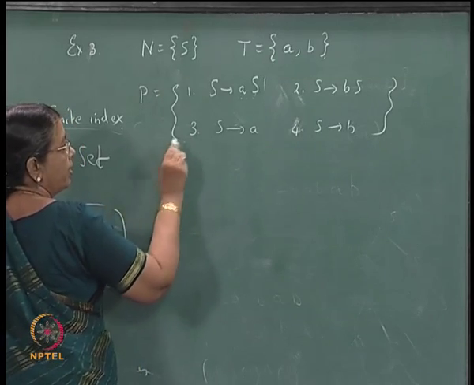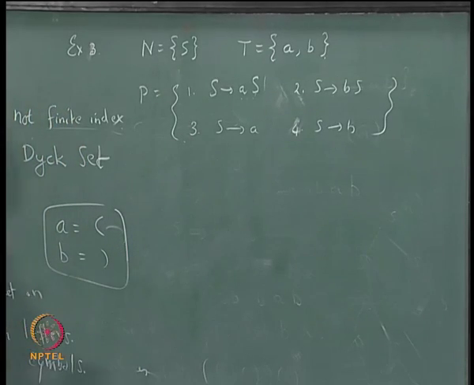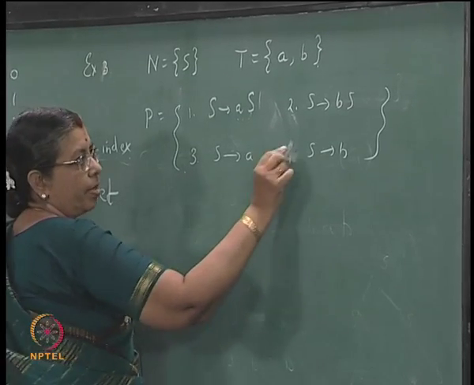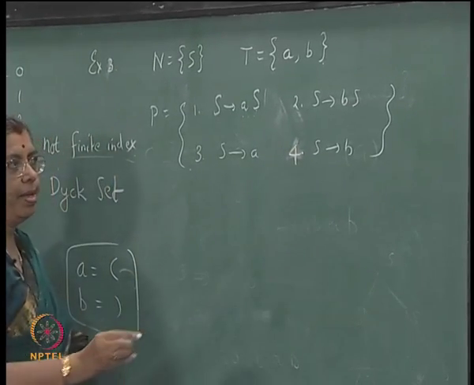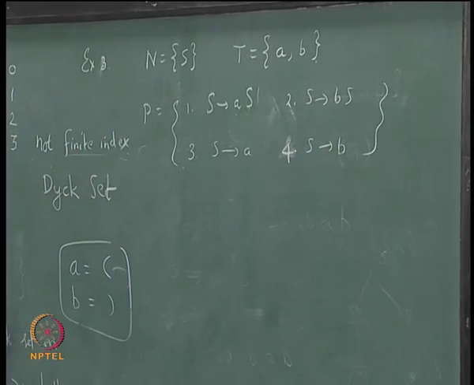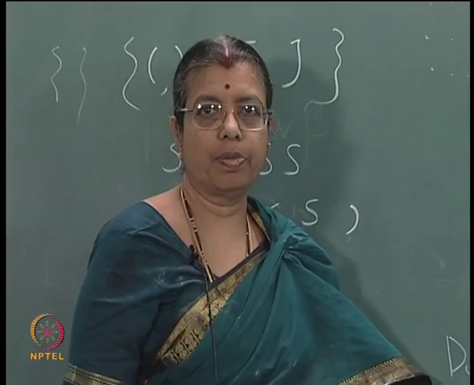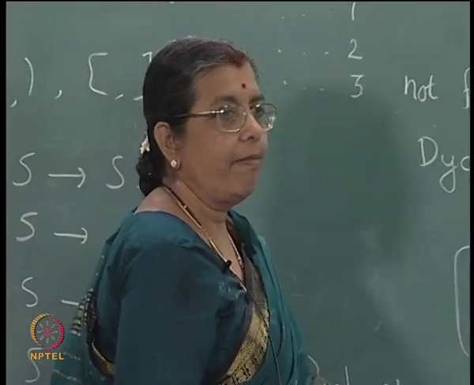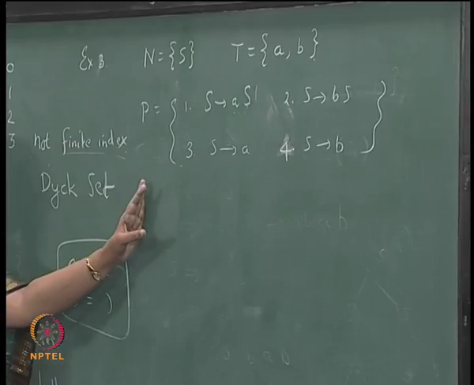S goes to AS, S goes to BS, there is only one non-terminal S and 2 terminal symbols A and B. There are 4 rules. S goes to AS, S goes to BS, S goes to A, S goes to B. What is the language generated? What type of a grammar is this?